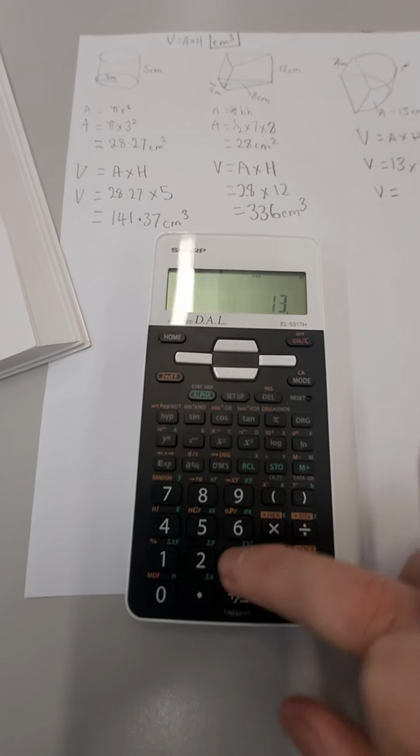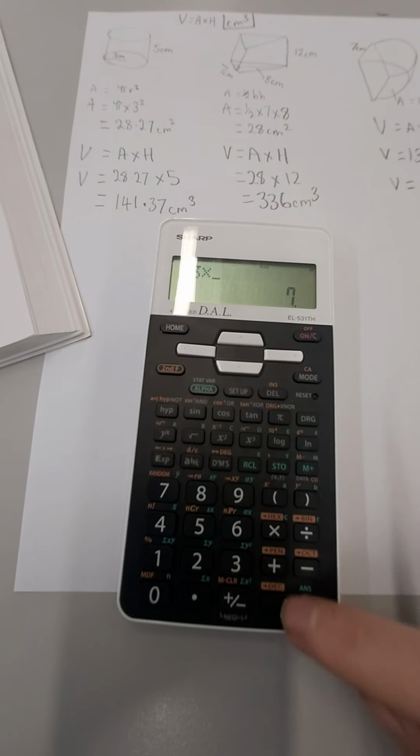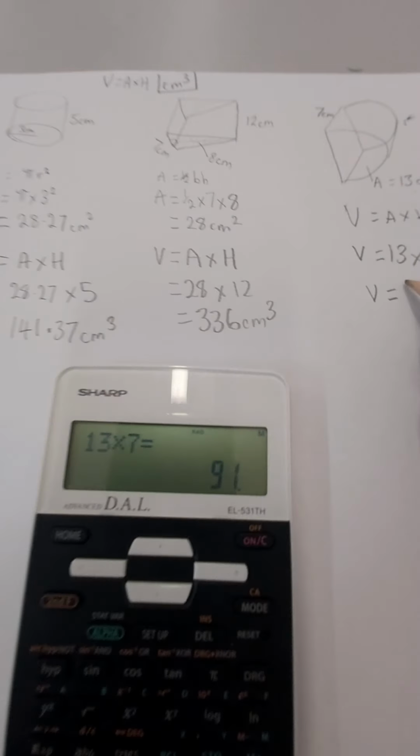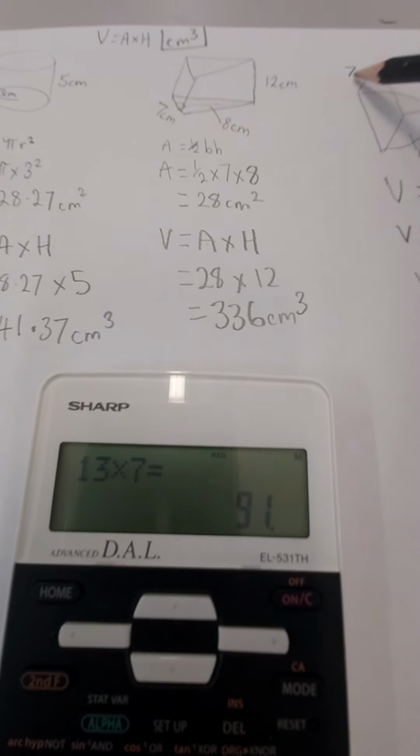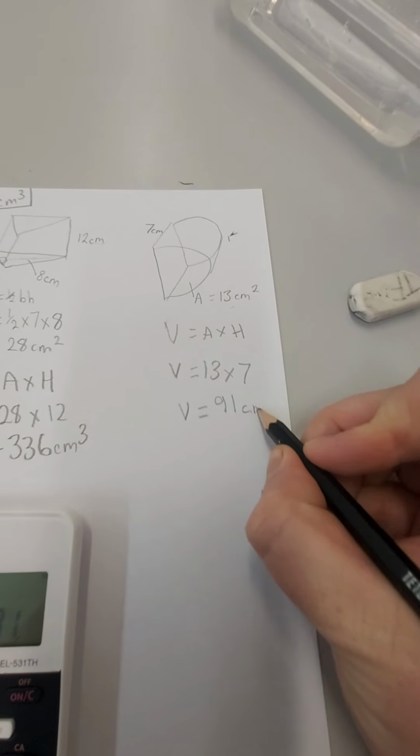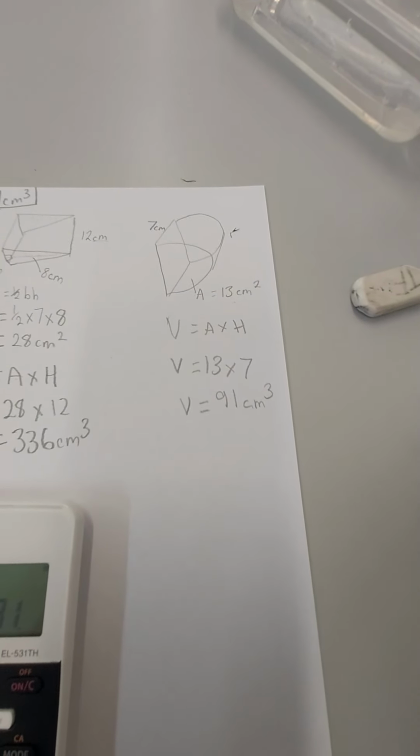All right, so 13 times 7, 91. We're not finished though. What's it got to be in? We know the measurement is centimetres. And it's got to be cubed.